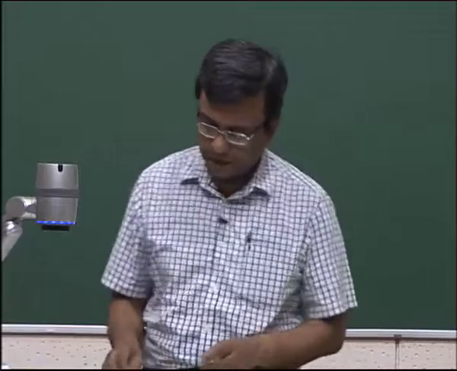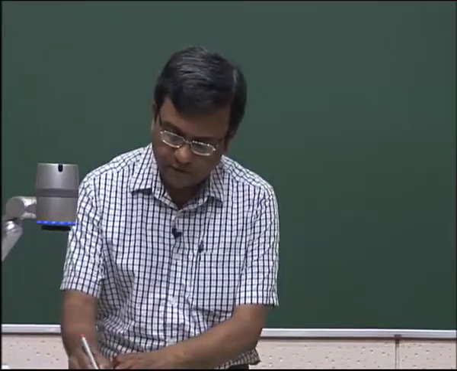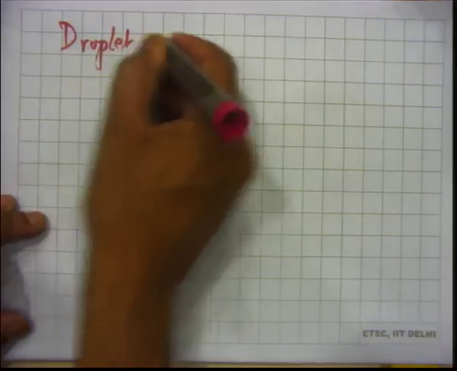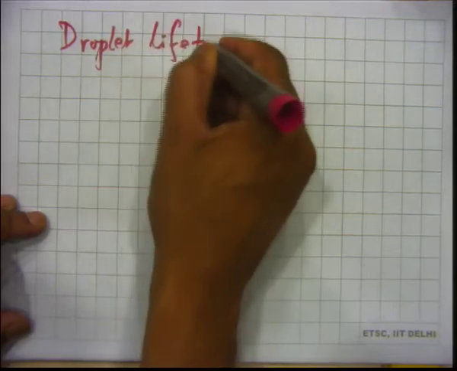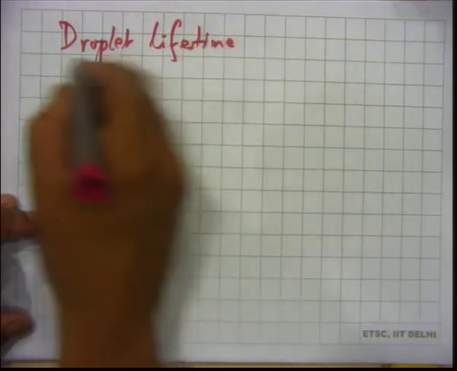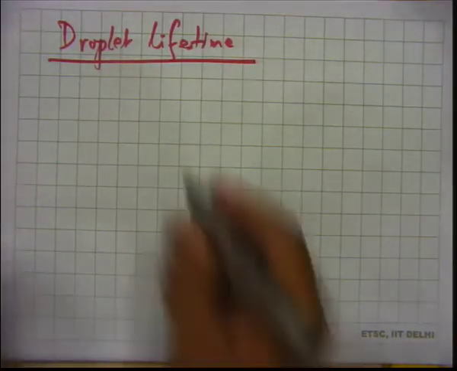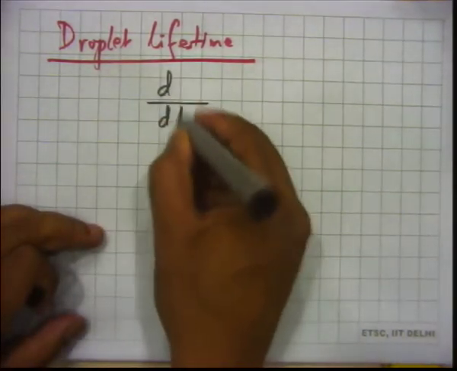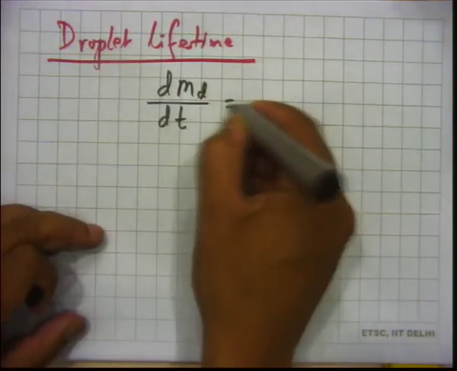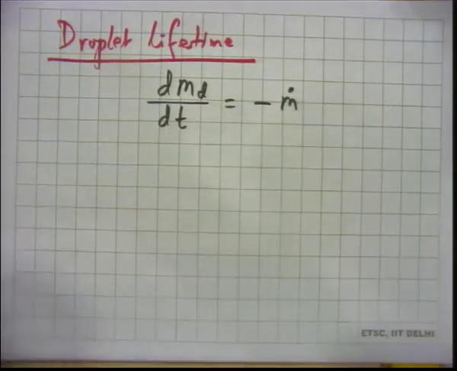So for droplet lifetime, we can write d dt of mass of droplet equal to minus m dot.